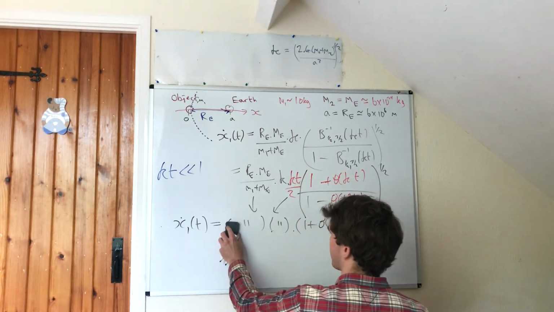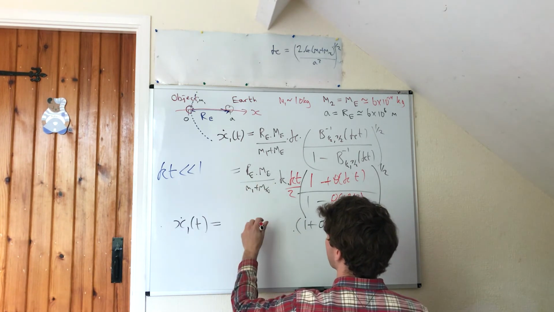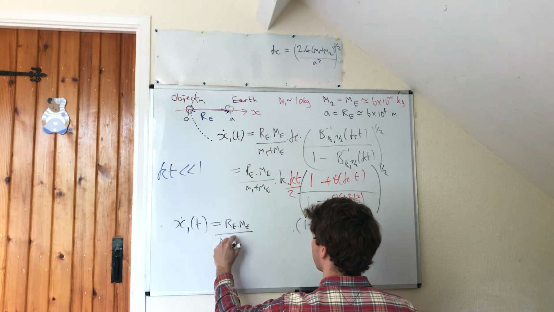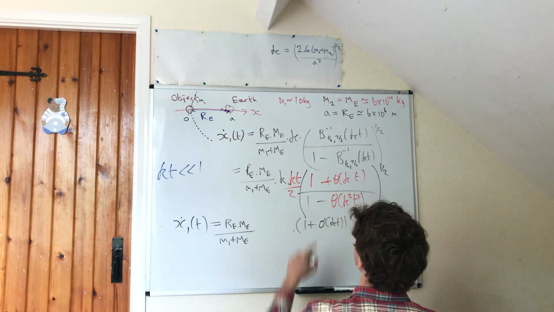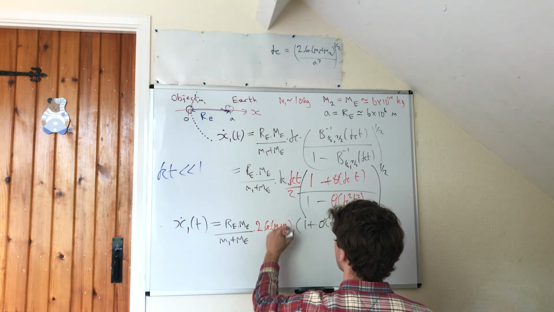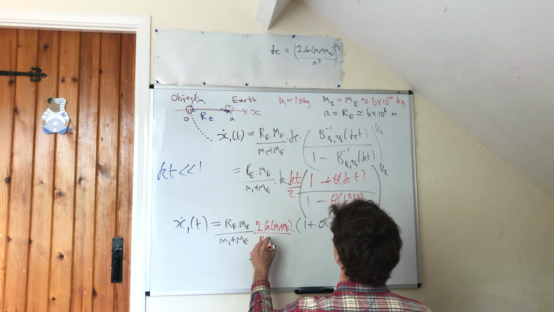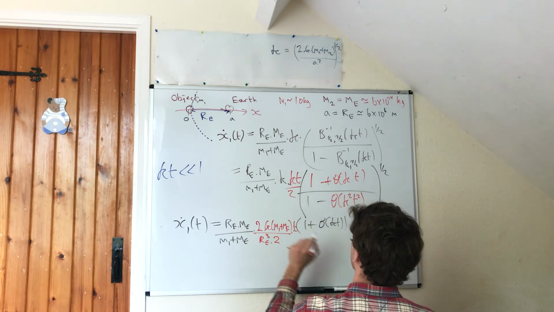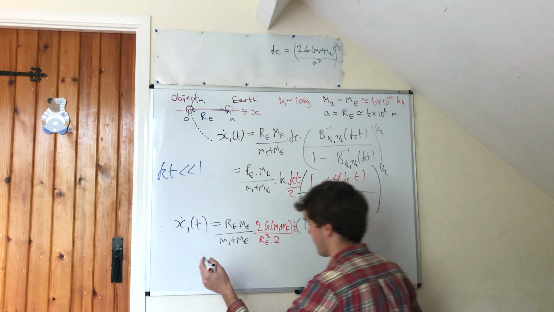So x1 dot of t is equal to Re times Me over m1 plus Me, times, now this kappa is multiplied by kappa, so you get kappa squared, and kappa squared is equal to 2 times G times m1 plus Me divided by a cubed, which is the radius of the Earth cubed, and we have a half there from that factor, times t, times 1 plus something of order of kappa t, and we know that this is going to be small and negligible, so we don't care about it.